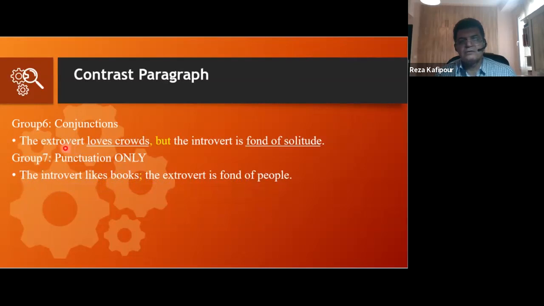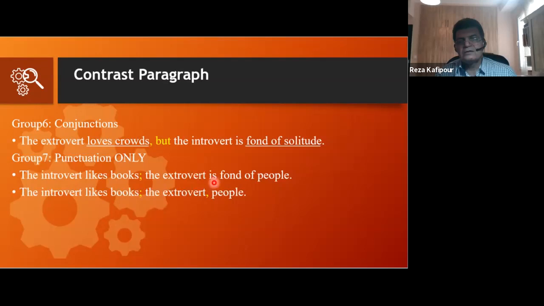Or the same sentence as before: the extrovert loves crowds, semicolon, the introvert is fond of solitude. As you see, we don't have anything between the two sentences except punctuation, the semicolon.